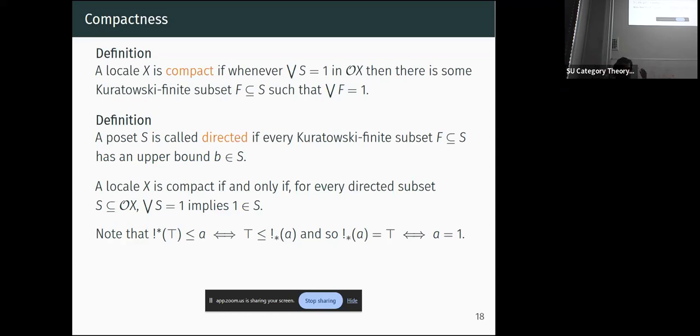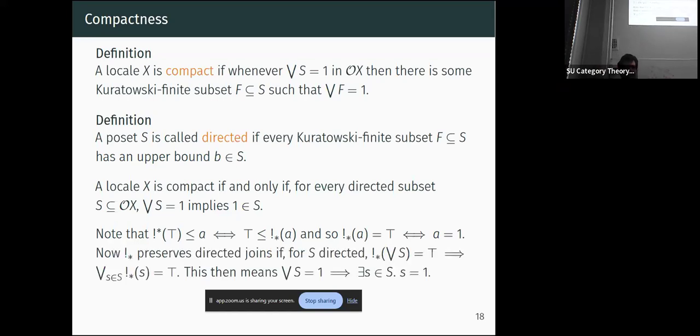So that's the same as 1. So that's 1 less than or equal to A. And on the other side, if shriek lower star of A is greater than or equal to top, then it's equal to top. So this means that what this shriek lower star does is it measures the degree to which the thing is the top element. And in fact, you can now see that it's compact if and only if this shriek lower star preserves directed joins.